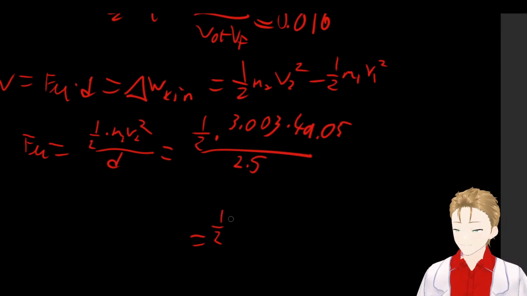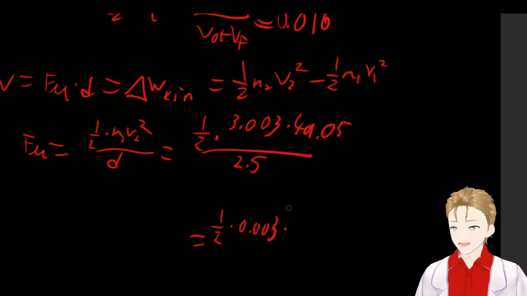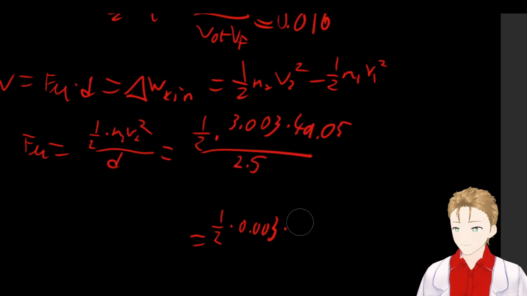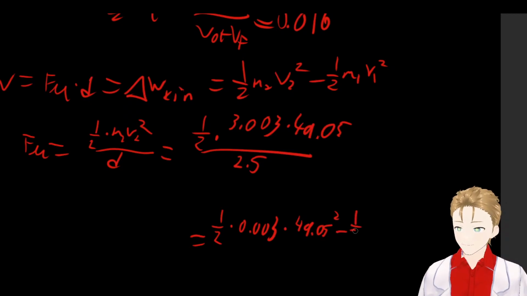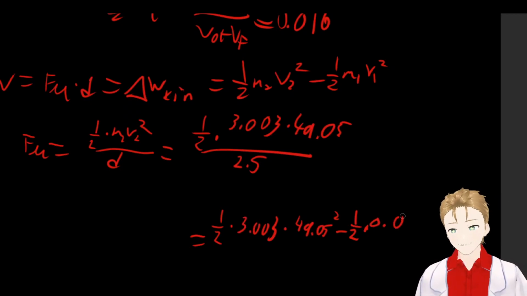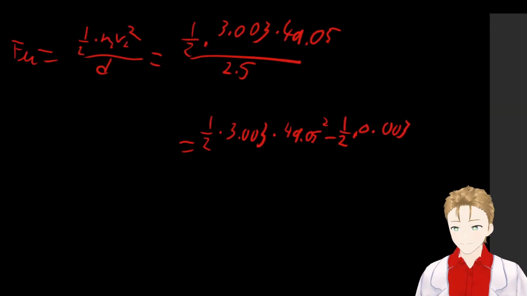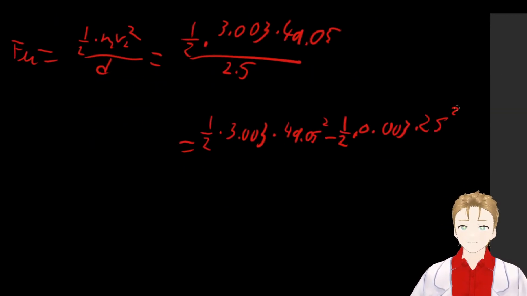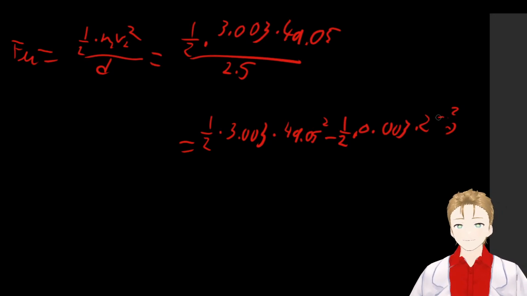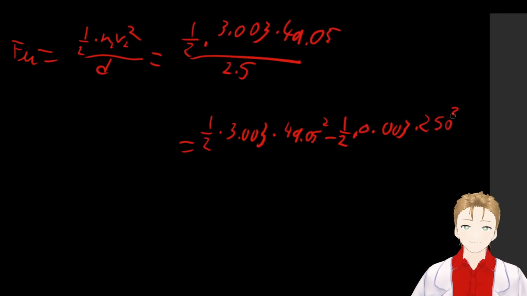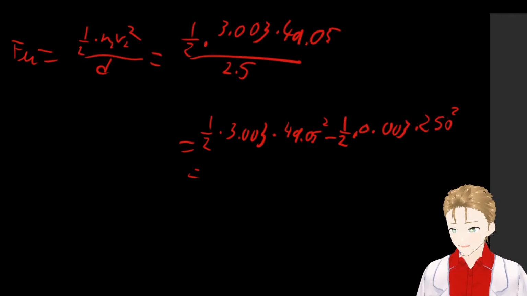Well, 0.003 times 905 squared minus 1/2 times... wait, this is 0.003 times 250 squared. And that's all. Let's just see what that is all about.